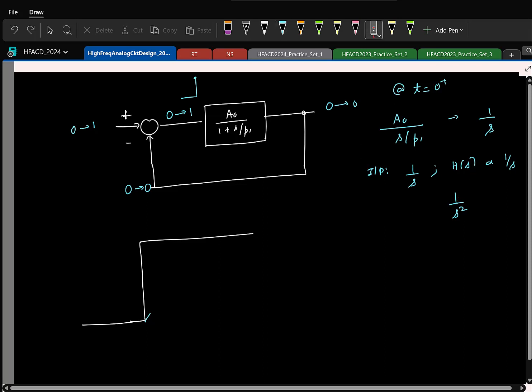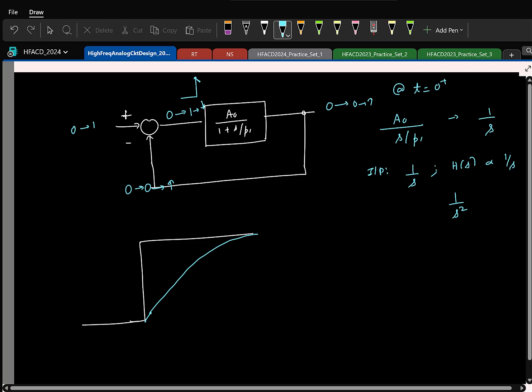So this will increase linearly, and the error will fall linearly. Which means the kick given to the system has reduced, so even the slope of the output will reduce, and then you will finally have this nice exponential settling.